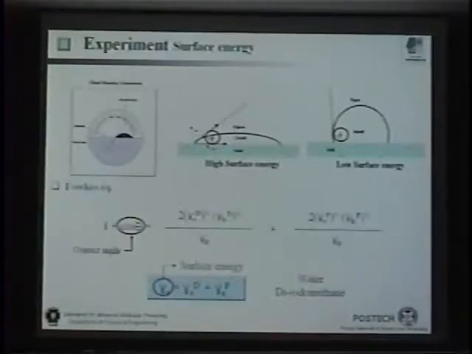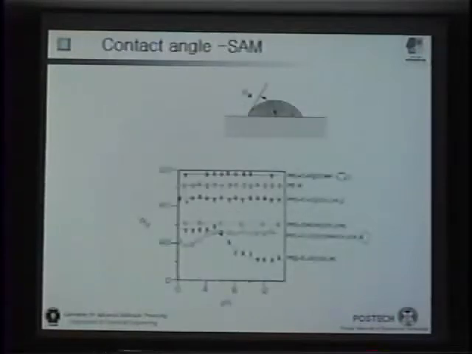This is the contact angle measurement, which gives you the surface energy of the film. You just measure the contact angle and then convert that into surface energy. You can also do the same thing with a self-assembled monolayer.